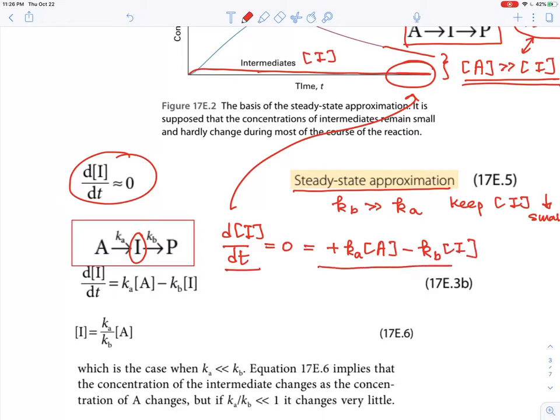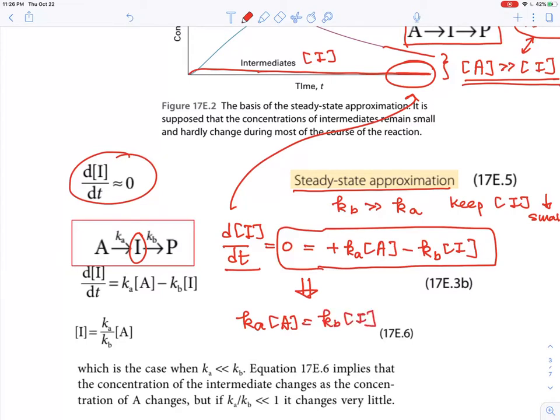That gives a very convenient new equation: at the steady state condition, Ka times A is Kb times I. So what comes in and what goes away are balanced out.